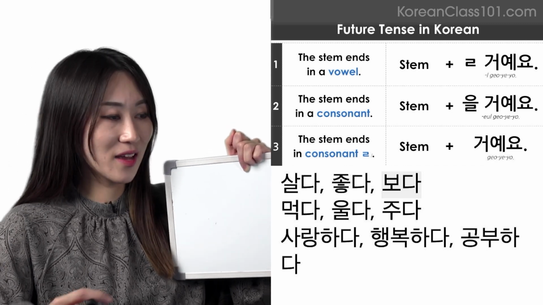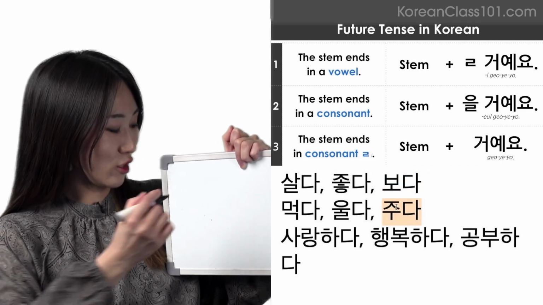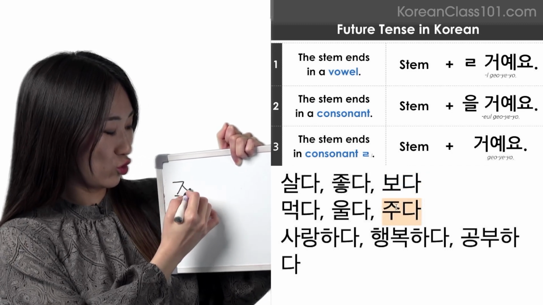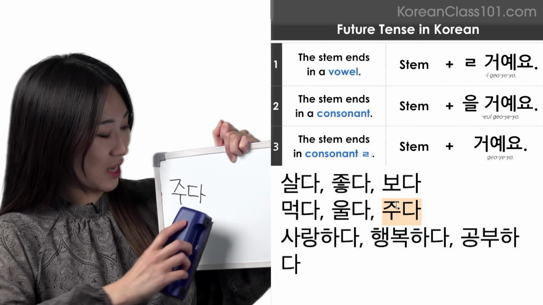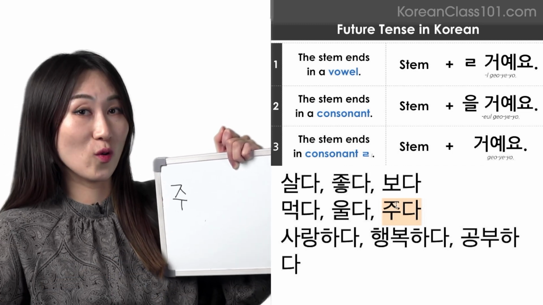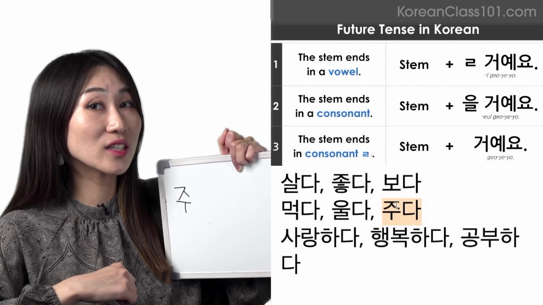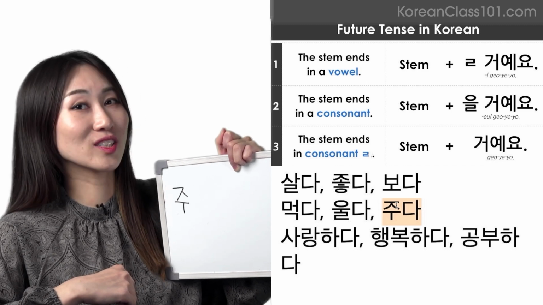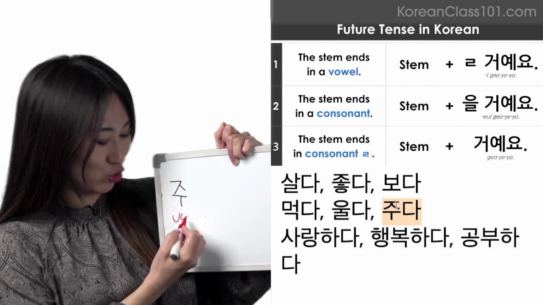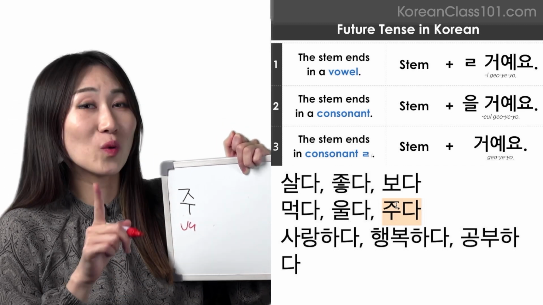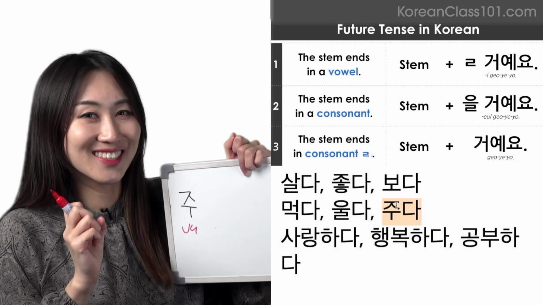So let's look at more examples. Now I have this word. 주다, meaning to give. What's the stem? The stem is 주. It ends with u, a vowel sound, right? By the way, English pronunciation and Korean pronunciation are different.